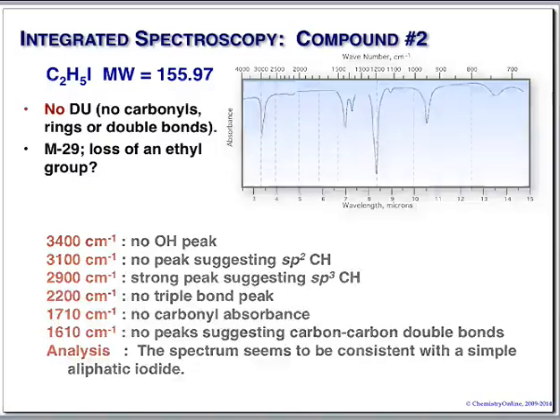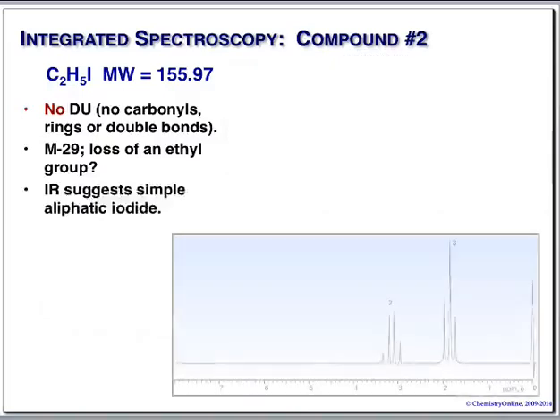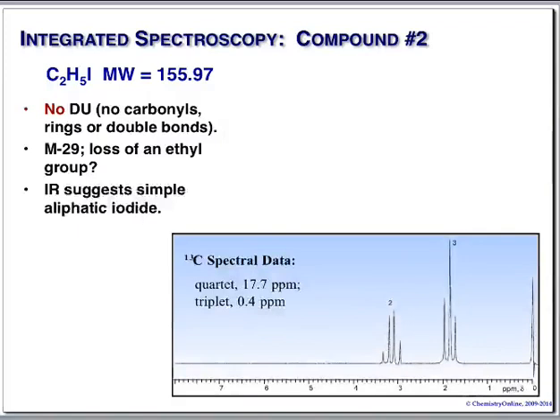All right, let's look at our NMR data. Proton NMR, we have a quartet and we have a triplet. Remember, whenever you see a quartet and a triplet, especially if they seem to be leaning towards each other, you say to yourself, that is an ethyl group.